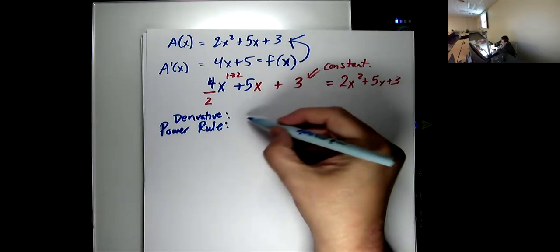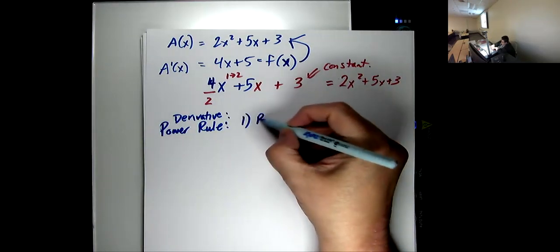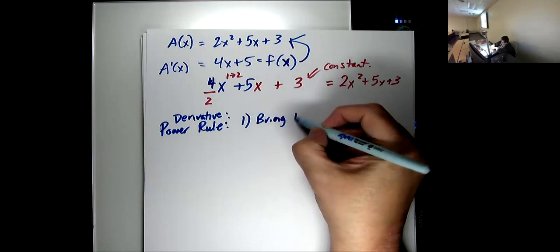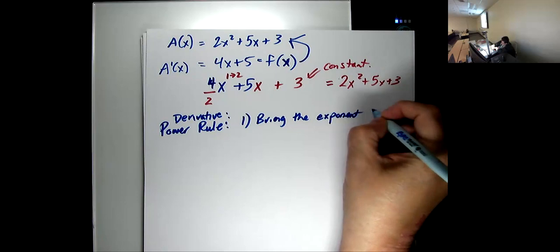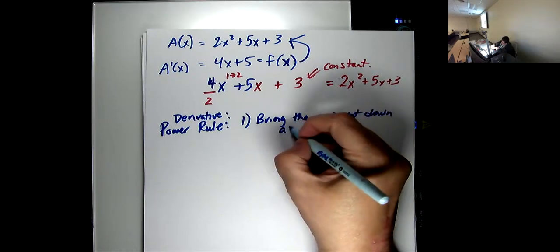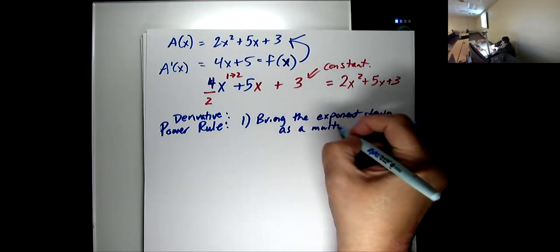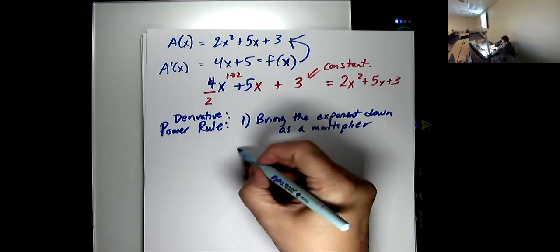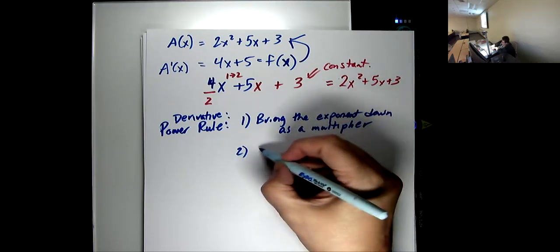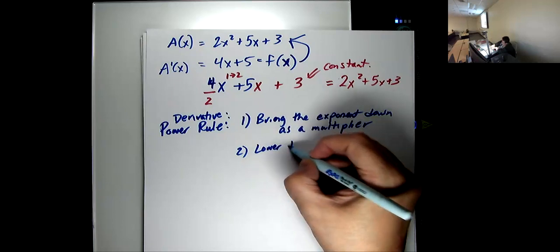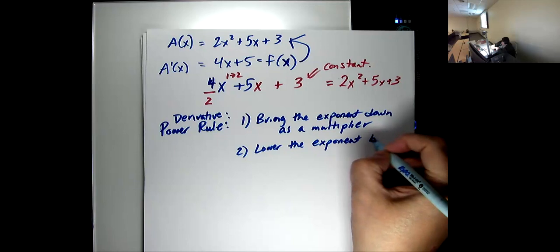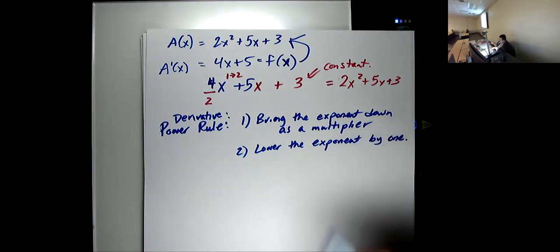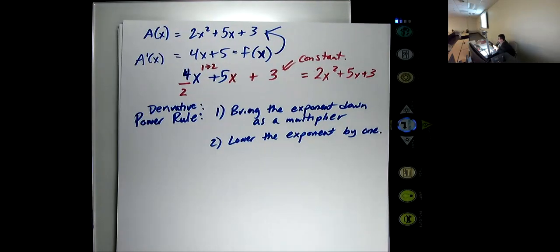The power rule, what we do is step 1, we bring the exponent down as a multiplier. In step 2, we lower the exponent by 1. That's what we do with the power rule, right? In words.